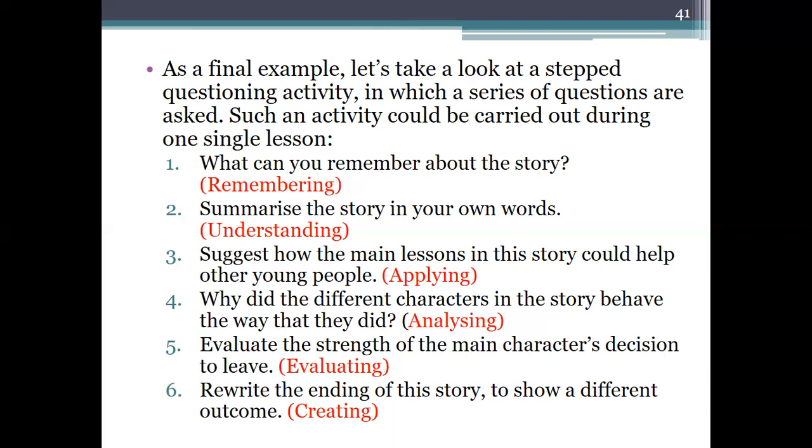So here the question will be like, why did the different characters in the story behave the way that they did? For that he has to know all the in-depth characteristics of each character. A more complex one added to this will be like, evaluate the strength of the main character's decision to leave. And the last level, rewrite the ending of this story to show a different outcome.